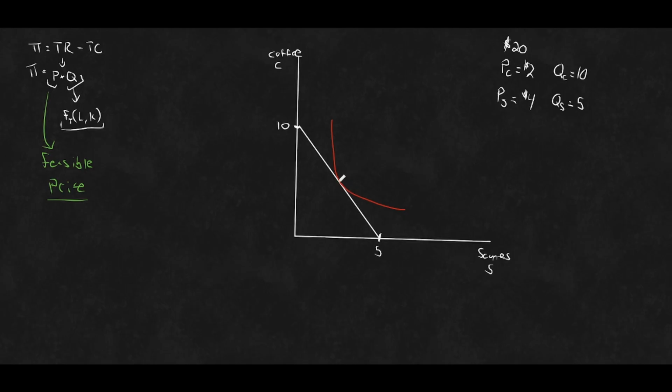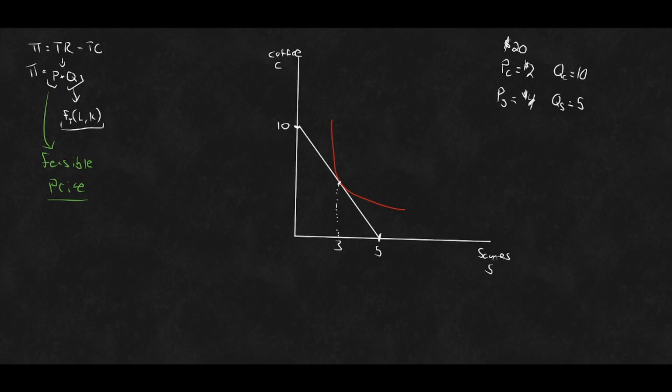So at this point, and again, I'm just entirely making these numbers up, let's say that means we have 3 scones. If we have 3 scones, that gives us what? 3 times the price of scones being 4, so we're spending $12 altogether on scones.